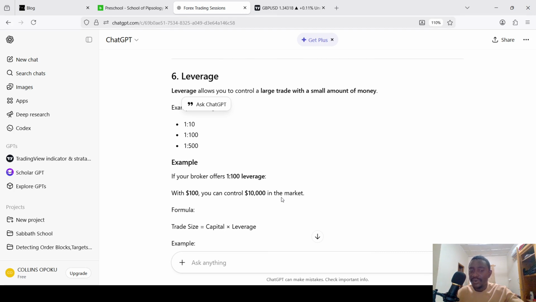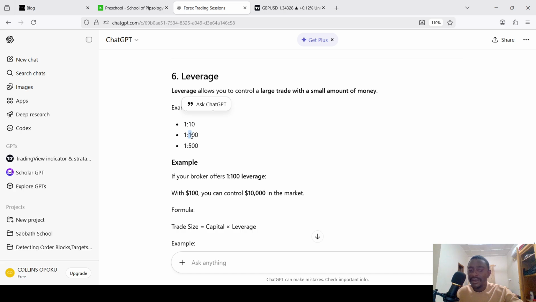What this means is, let's say you have $1 and your broker is offering you 1:10. It means if you are able to raise just $1, they will allow you to trade 10 times of it. Any amount that you raise, you multiply it by what the broker is offering, and that is what you are going to get.